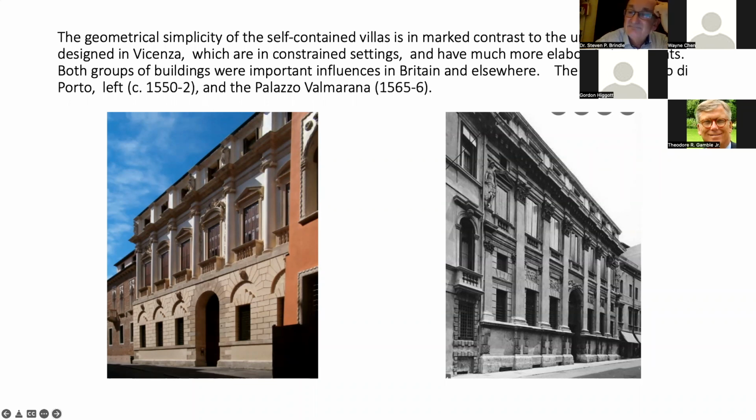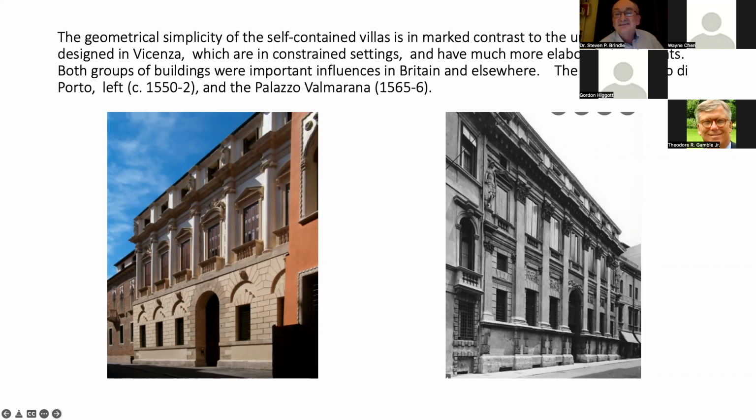But at any rate, Palladio's urban palaces there are very different in shape to the villas. The villas could have perfect symmetrical forms because they were freestanding, built on open sites. The palaces were on narrow streets, usually on quite constrained sites in an urban context. And so they weren't freestanding. The plans quite often are irregular because the plots were in irregular shape, but Palladio gave them magnificent architectural treatments.